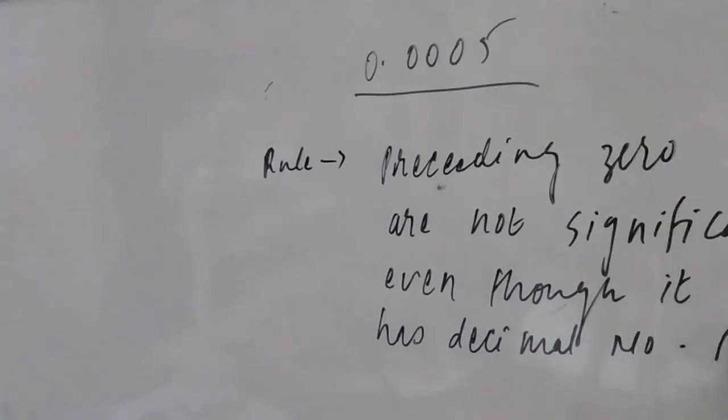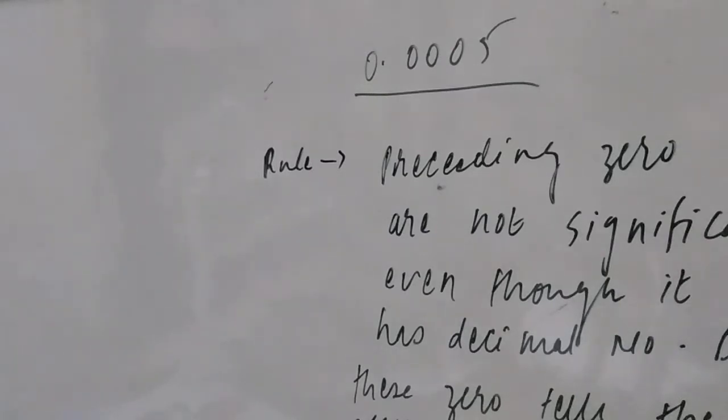Because these zeros tell the position of the decimal. This is our position of decimal.